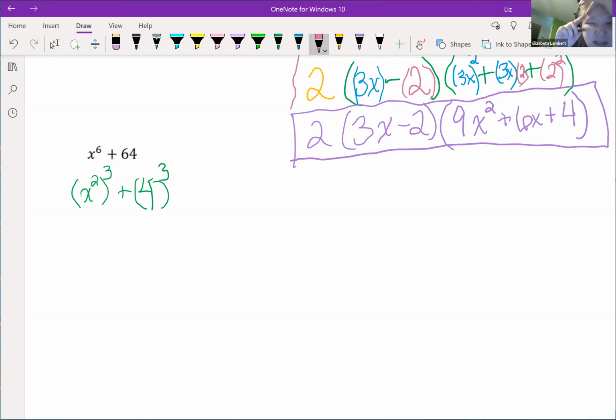There is the possibility we'll see something like this when we're going to graph some of the crazier polynomials, or when we're looking at our weird roots. This can show up. But it's weird because it actually doesn't have any real roots. It's a whole bunch of imaginary ones. But it can be factored slightly.